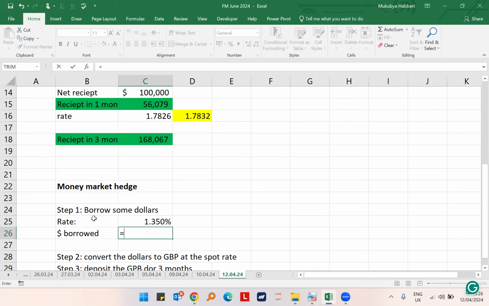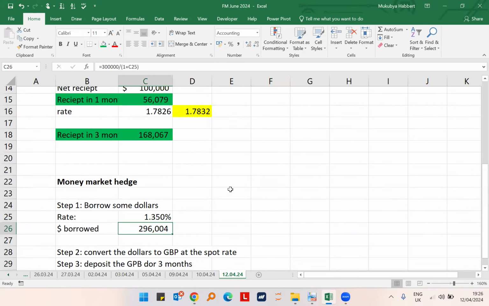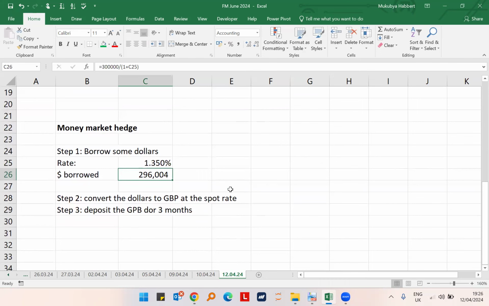So we are going to get $300,000, then divide it by 1 plus the rate. Therefore, we are going to borrow $296,000. So when 3 months pass, that will become 300,000, and then we receive the money and use it to pay that loan. So that is step 1.